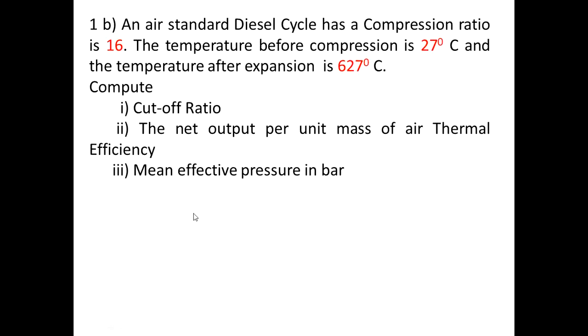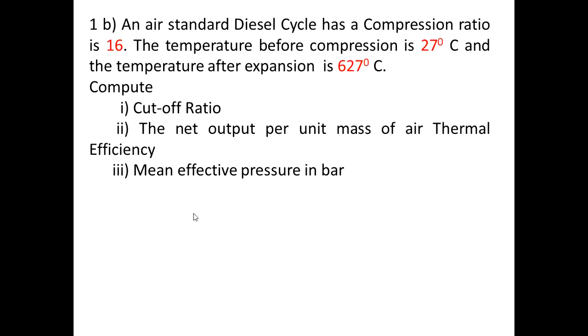This problem was asked in the summer question paper, but some students failed because they did not understand it comprehensively. When this problem is given, you must know the data from the derivation: the temperature and pressure relations, the rc value, rho value and gamma value.